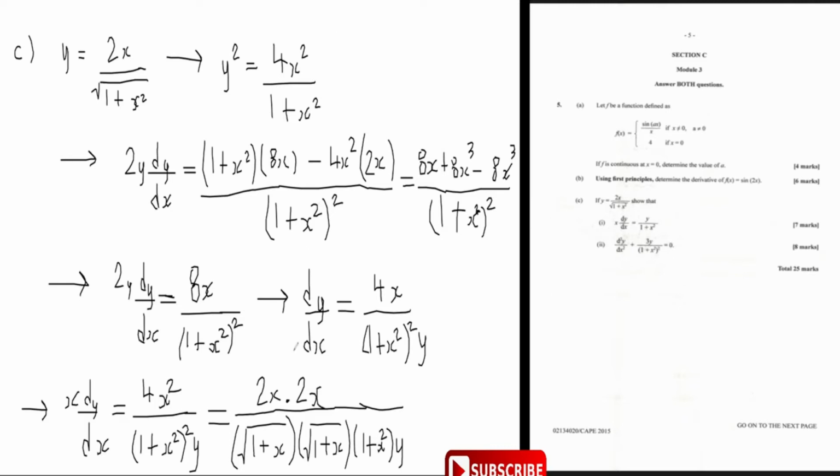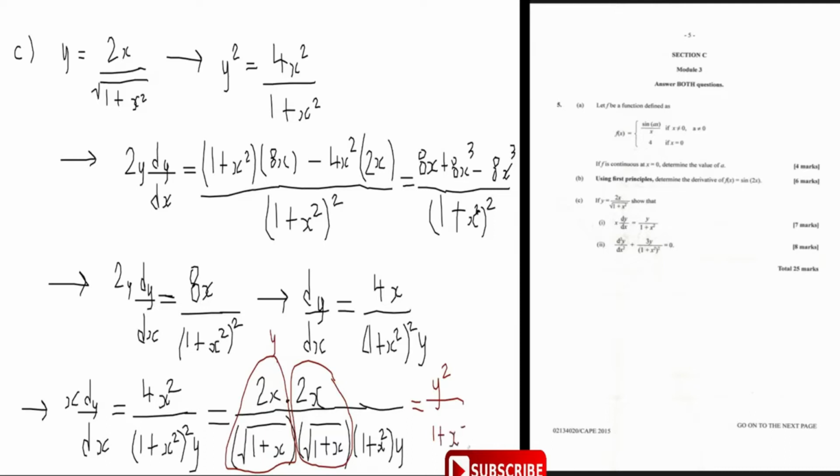I am saying that this 2x over the square root of 1 plus x squared, this part is y, and this 2x over the square root of 1 plus x squared is also y. Nice. And so what we're getting is that this answer is working out to be y times y, which is y squared. So I'm getting y squared over (1 plus x squared) times y.